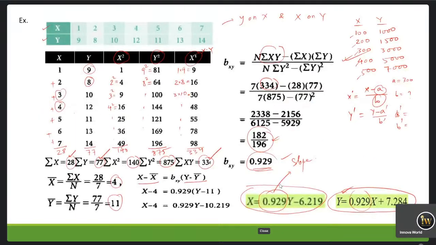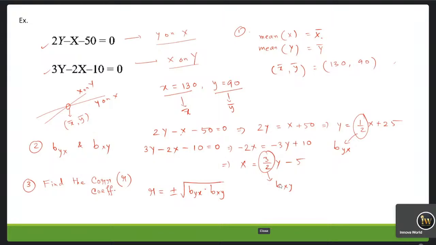So we apply this formula to find the correlation coefficient. This is equal to plus minus under root 3 by 2 into 1 by 2, so it is basically plus minus root 3 by 2.